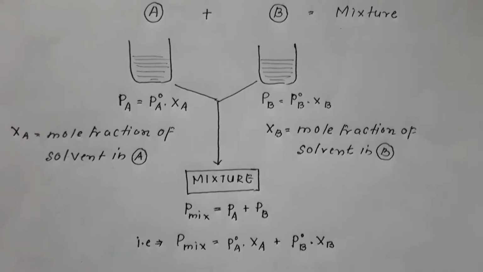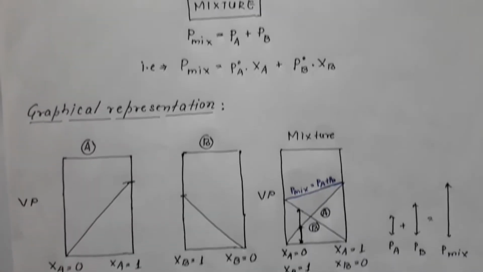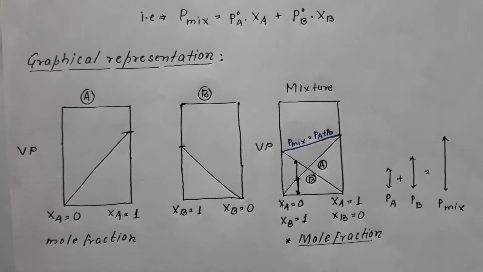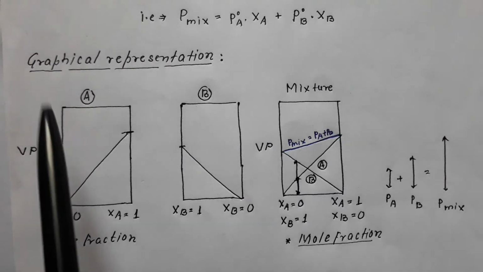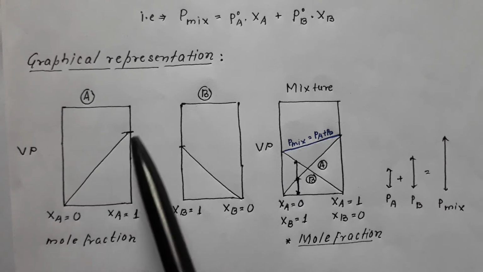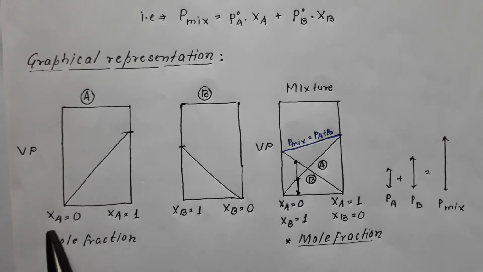Now, suppose we represent Raoult's law graphically. In the previous topic also we did that if we plot a graph of vapor pressure versus mole fraction, this would be the graph for component A. Given the mole fraction of solvent is 0, vapor pressure is 0.